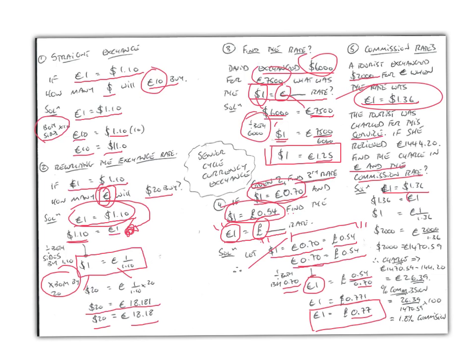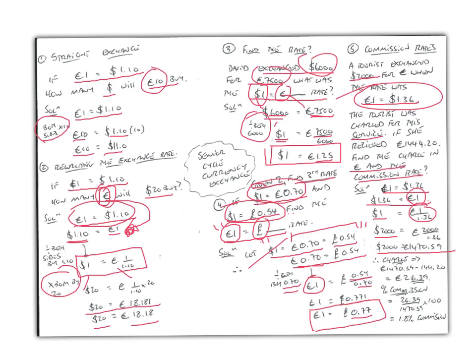So the how many goes this side. So we simply just rewrite the equation. So it's $1.36 equals €1. So $1, dividing both sides by 1.36, we'll find what $1 is equal to, and that's 1 divided by 1.36 euros. Therefore, $2,000 is 2,000 times 1 divided by 1.36. $2,000 should have bought the tourist 1,470.59 euros.